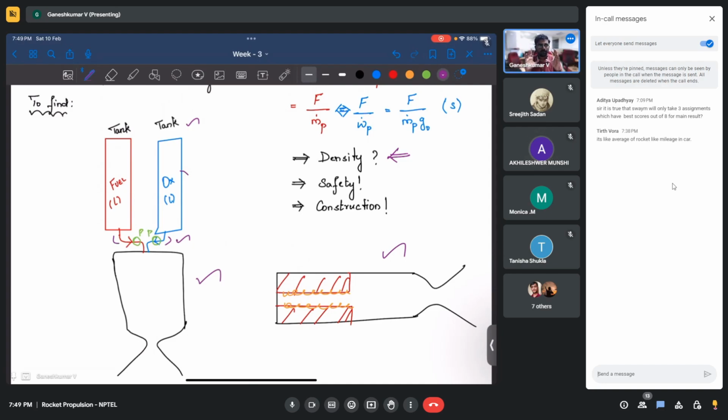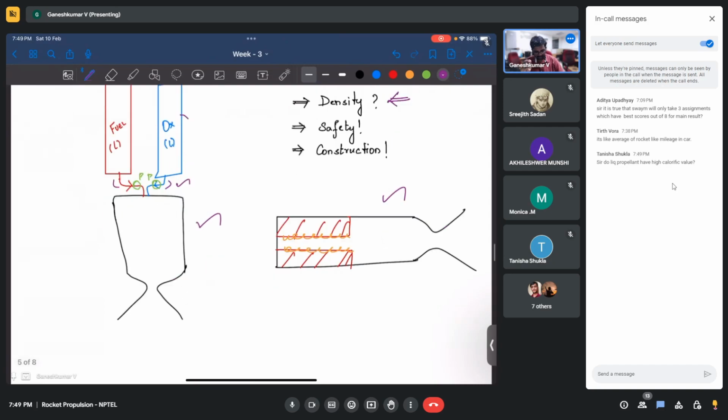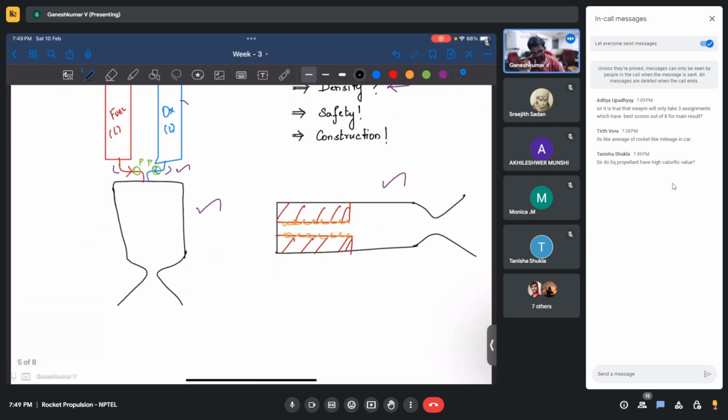If it is small and compact, it's nice from an aerodynamic perspective. So density is also one of the reasons. But there are also problems with solid rocket motors. Can anyone tell what the problem with solid rocket motors is?